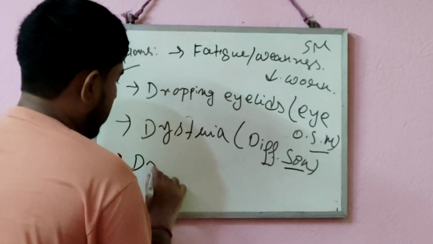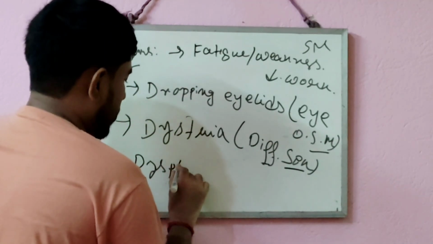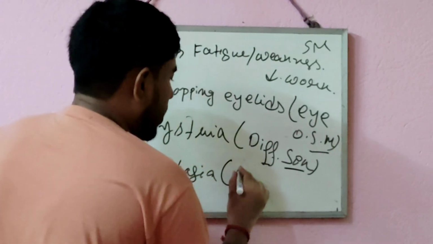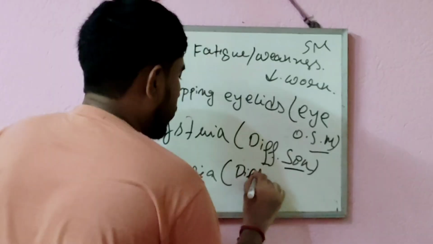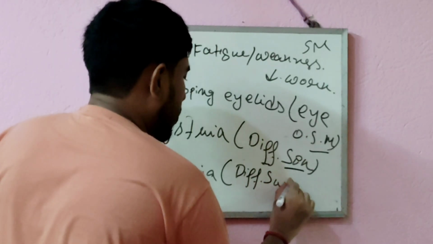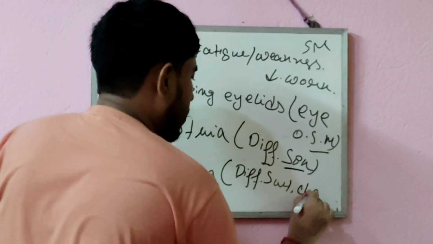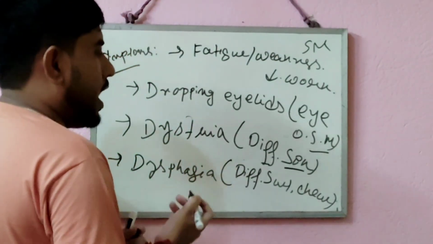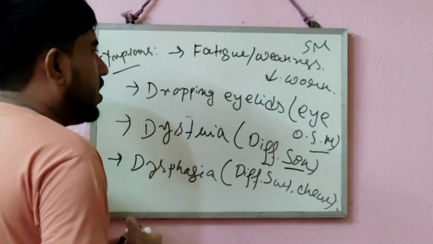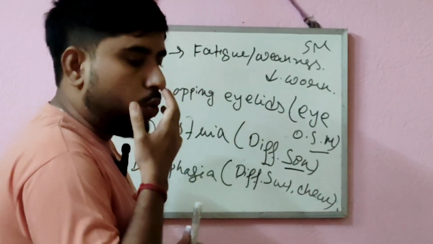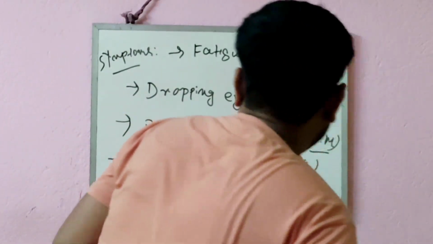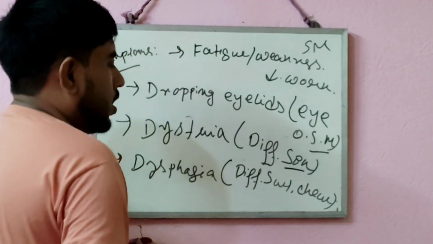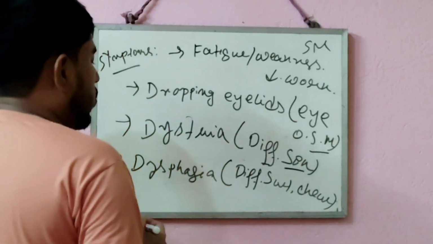The next one is dysphagia. What is dysphagia? Dysphagia means difficulty in swallowing and chewing. To swallow liquids and to chew solid food, we have to use our oral muscles. So the oral smooth muscle also helps in chewing and swallowing food.